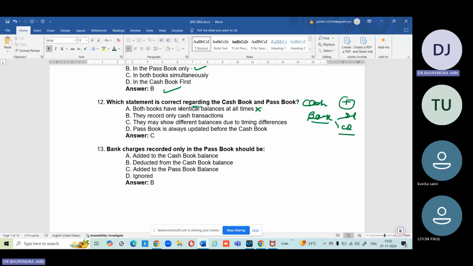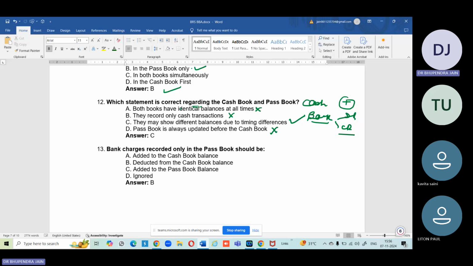If you withdraw money in excess of your deposit, this is the CC limit or bank overdraft, so the bank balance may be credit. So the first option is wrong. Next. They record only cash transactions. Wrong. They may show different balances due to timing differences. This is correct. Or the passbook is always updated before the cash book. This is also wrong. So the correct answer is C.